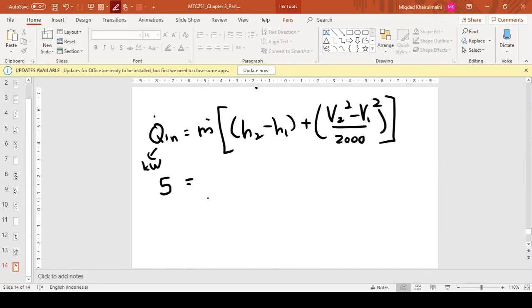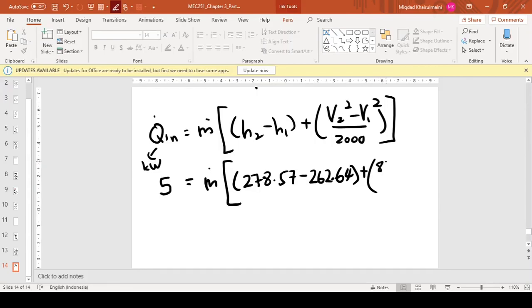So m dot is what we want to find. The change in enthalpy is 278.57 from just now, minus the enthalpy at state 1, 262.64, plus the change in kinetic energy, so 82 squared minus 161.9 squared over 2000.